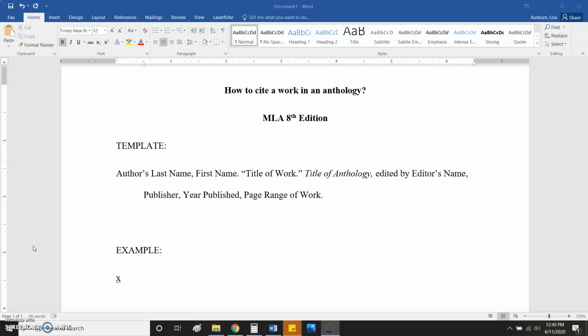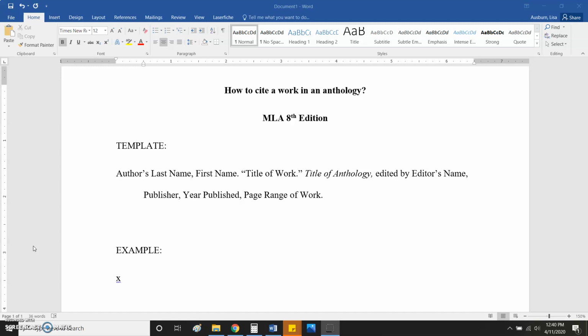There might be one author who writes a couple of works in the anthology, or there might be some authors who only write one. But what makes the difference here is just understanding that you're looking at a collection of different pieces of writing, generally written by multiple authors, and so MLA gives us a specific way of formatting that.